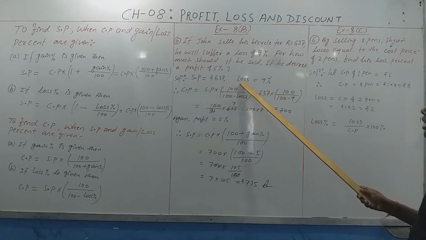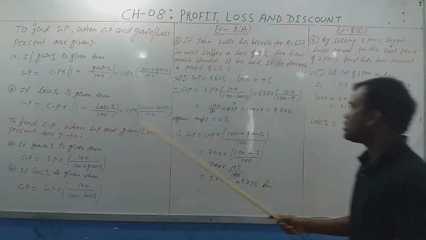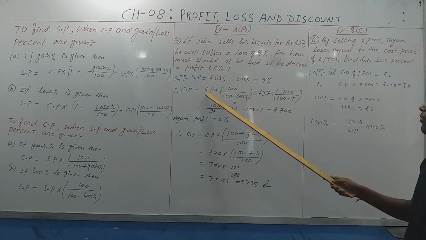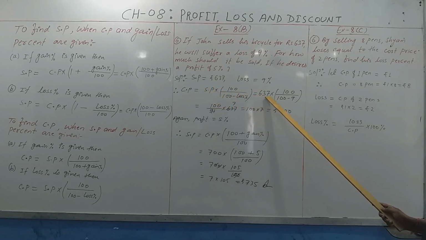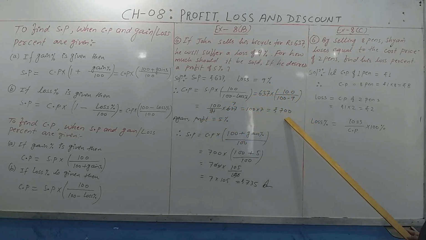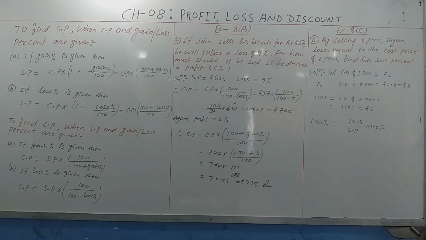Since SP and loss are provided, CP is equal to SP into 100 divided by 100 minus loss percent. Just substitute the values: SP is equal to 637 and loss percent is equal to 9, and calculate this, and this will become 700 rupees. That means the cost price of the bicycle is equal to 700 rupees.